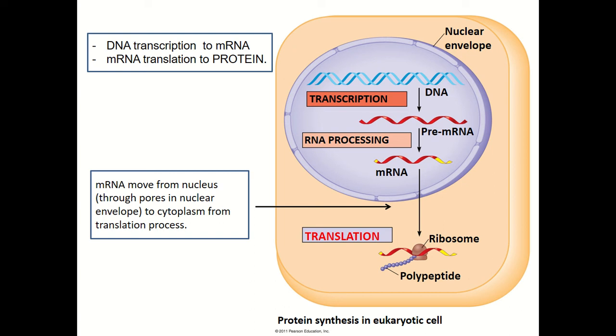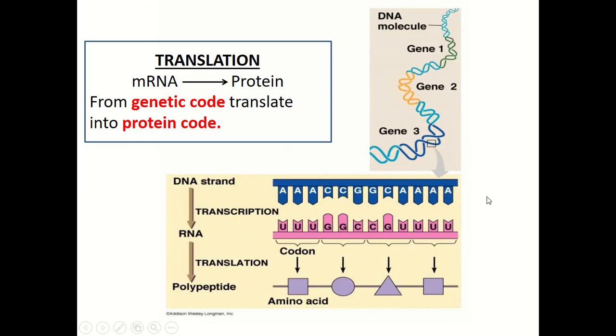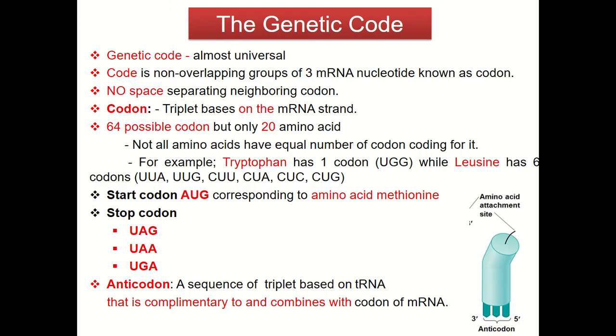So remember, the mRNA carries genetic code from the DNA. So what is genetic code? Here, they will translate the genetic code into the protein code. Genetic code is almost universal for all organisms, meaning all organisms mostly have the same genetic code.